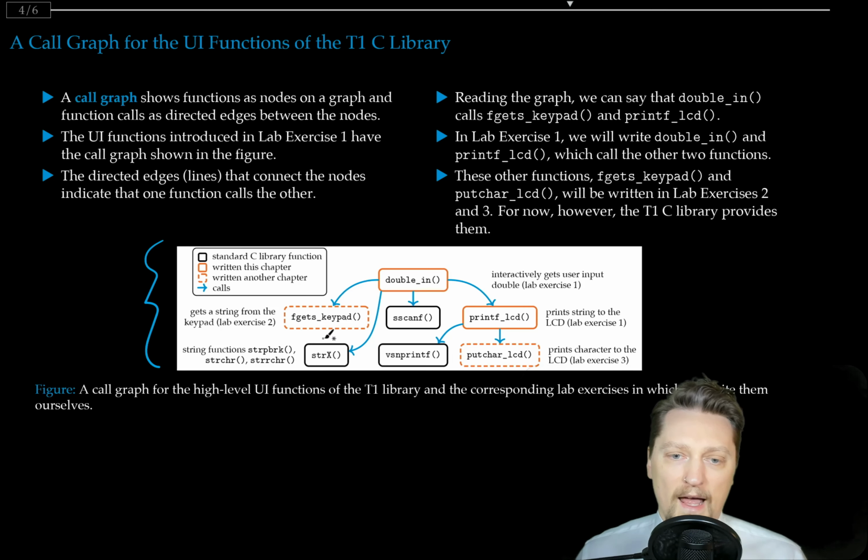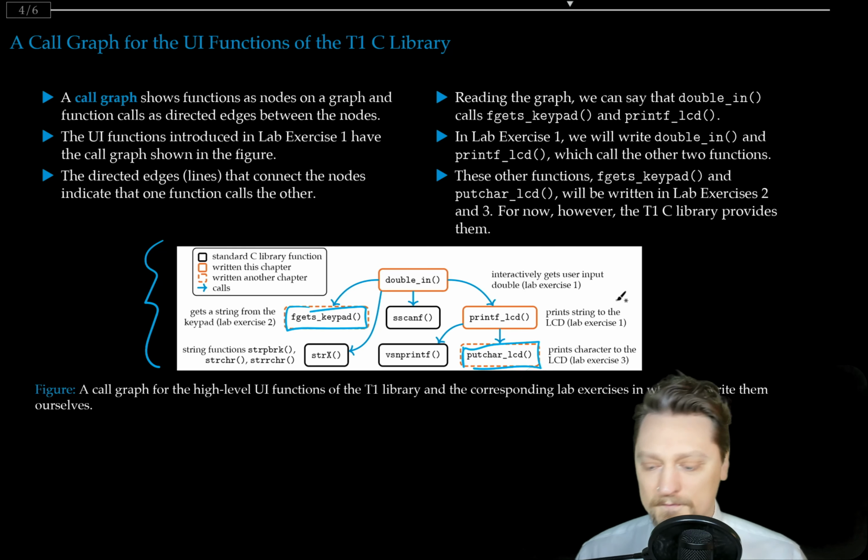For now, however, the T1C library provides them. So we're going to be able to use fgetskeypad and putchar LCD when we're writing double in and printf LCD, because there are library versions of those. The T1C library has compiled versions of fgetskeypad and putchar LCD.